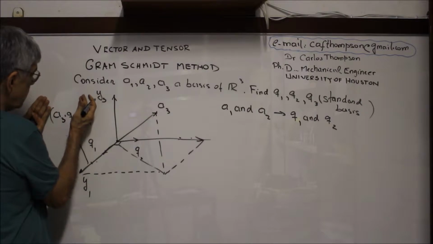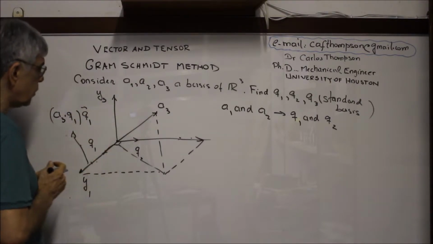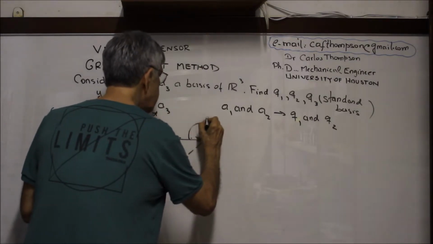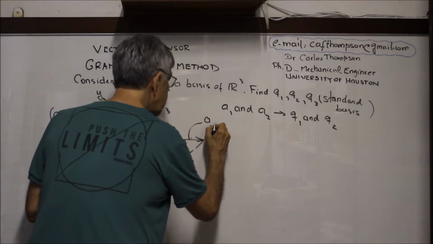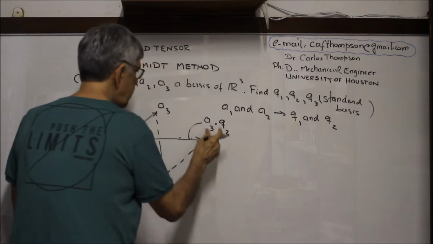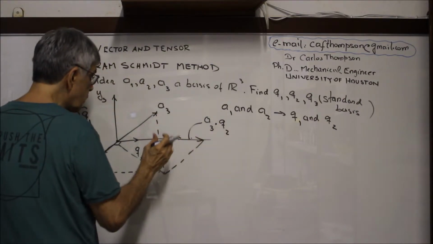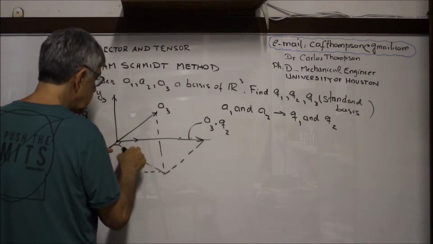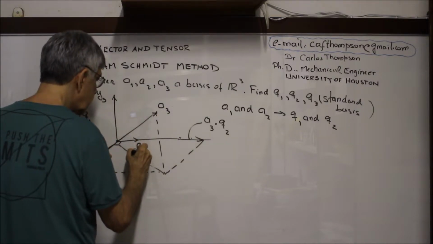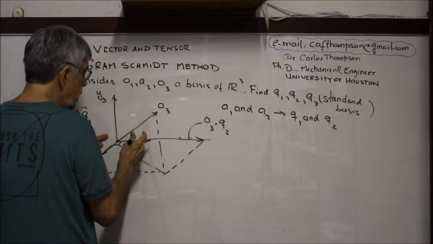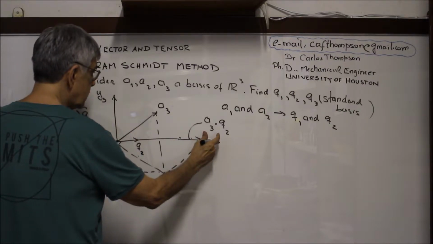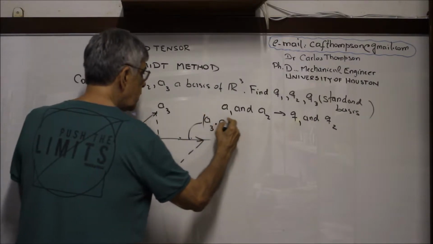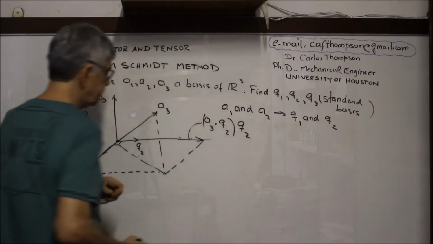But this is a scalar. To have a vector, I just put Q1. Likewise, for this vector here, first I'll get the scalar: the dot product between A3 and Q2, this is Q2. The unit vector will be this size. But I want the vector, I don't want the scalar. Then I put Q2.